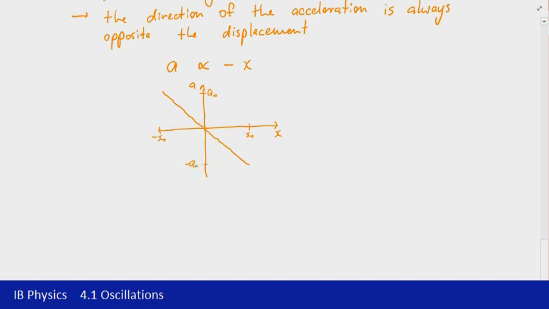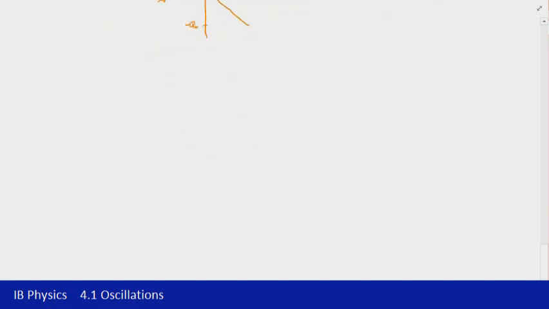Now, to take this a little bit further, we're going to have a look at a particular scenario. We're going to have a look at a pendulum, and to start with I'm going to draw the pendulum as being positioned out here somewhere, and then we'll indicate that there's the equilibrium position here, and initially we're interested in the displacement of the pendulum, so we're looking at this value here being the displacement x.